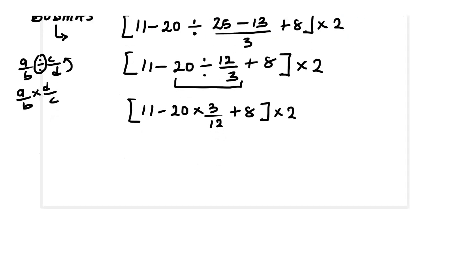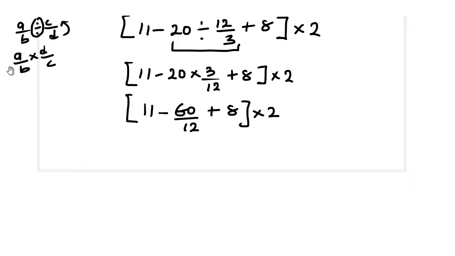So if we move on, this will now give us what? 11 minus, if you look at it, 20 times 3, I can still divide this, but let me just do that with 20 times 3, that is 60 divided by 12, right, plus what? 8, right, times what? 2.